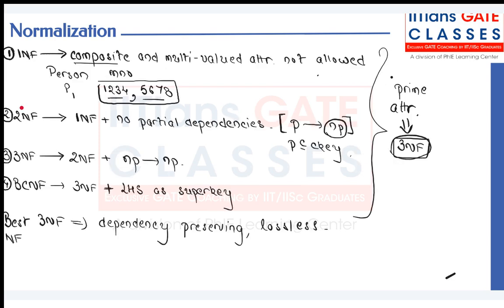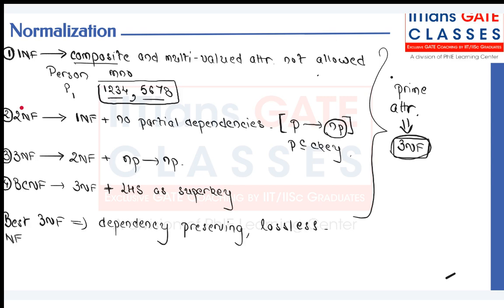What are the different normal forms and what do they mean? 1NF means composite multi-valued attributes are not allowed. 2NF means 1NF plus no partial dependencies. 3NF means 2NF plus there should not be a dependency like non-prime to non-prime. BCNF means 3NF plus LHS as super key. The best normal form is considered 3NF because it always guarantees a dependency preserving lossless decomposition.